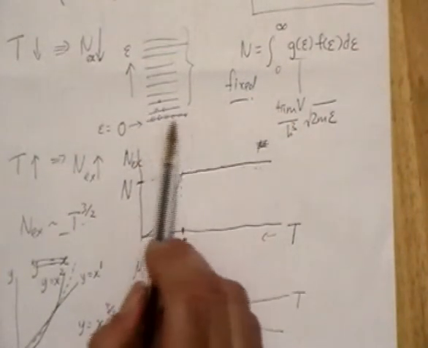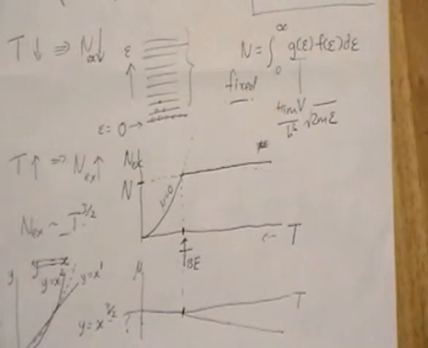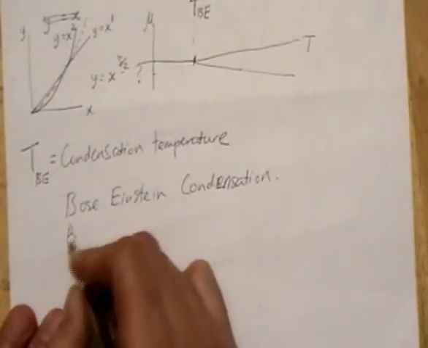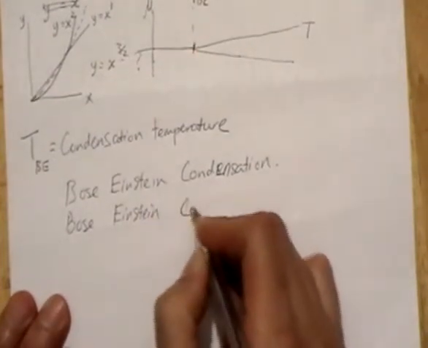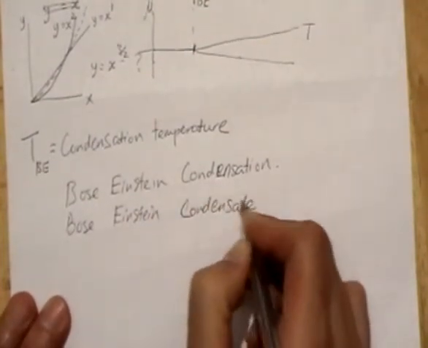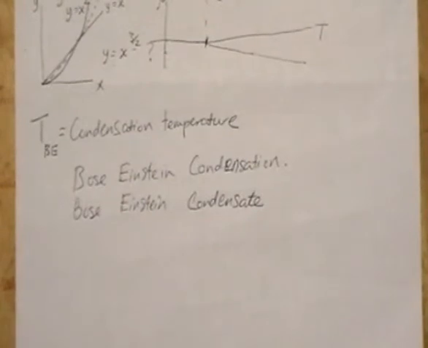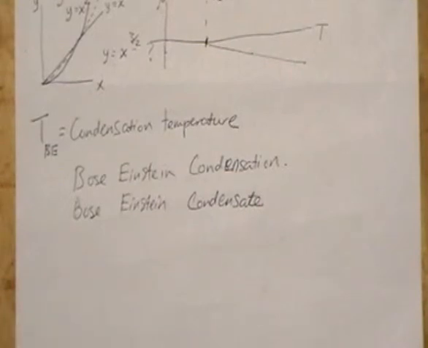The particles that would have gone to the ground states, all these particles at the ground states, have a name. They are called the Bose-Einstein Condensate. Just as when steam condenses into water, we say that water is the condensate of steam. So here we call the particles in the ground state the Bose-Einstein condensate.